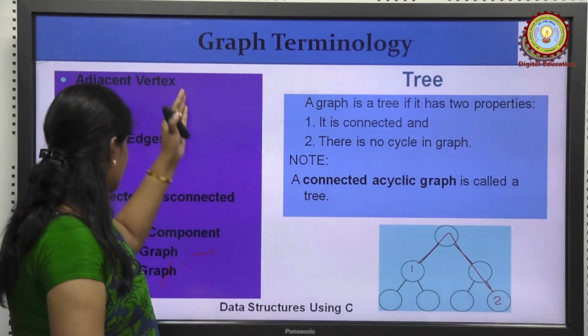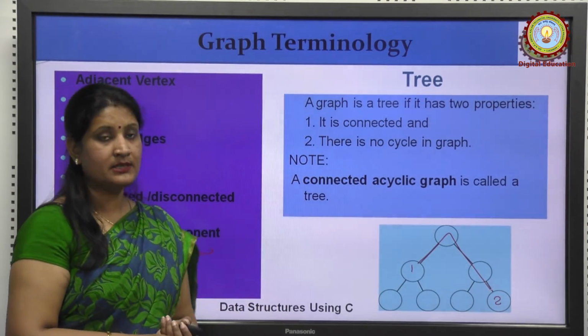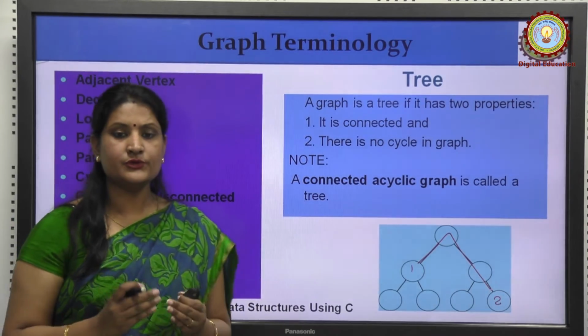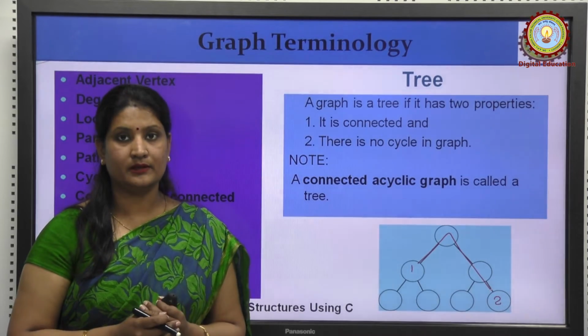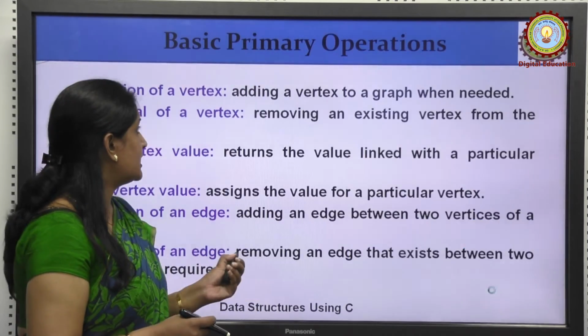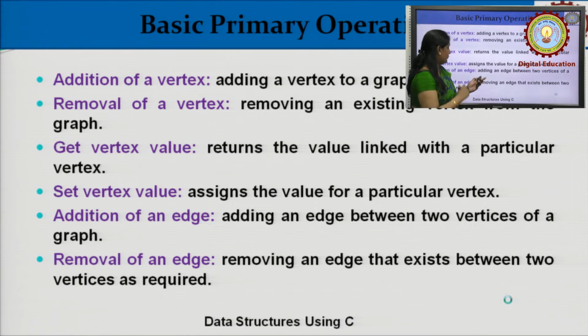So these are the basic graph terminologies. Now we discuss how to store the graph in memory. Before going to the representation, there are some basic primary operations that are provided by the graph data structure.